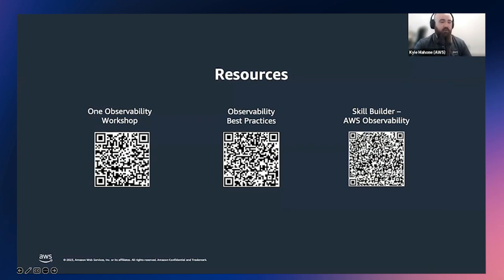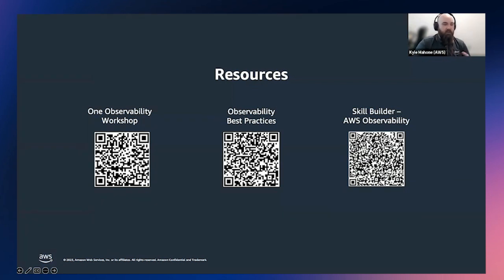And if you're not familiar, our workshops are basically just hands-on, step-by-step tutorials. They're going to guide you through setting up all of these different services that we talked about today. And you're going to be able to get hands-on, test some things out, and then tear it down. And at least for me, that is the best way that I learn, is by getting my hands dirty, getting in there, and playing around with the stuff. Really good stuff in there.